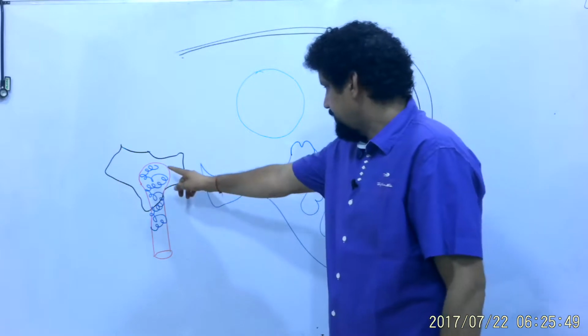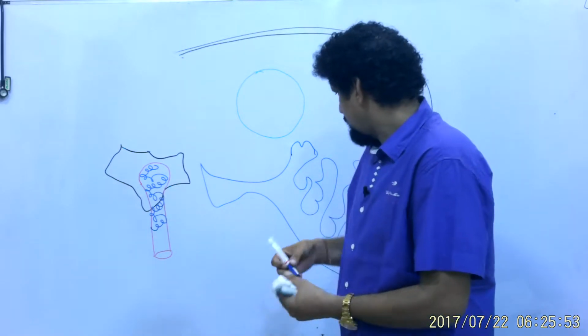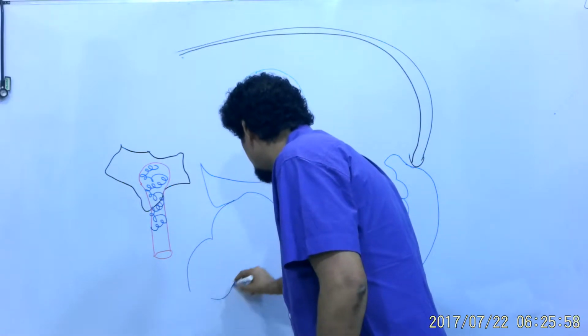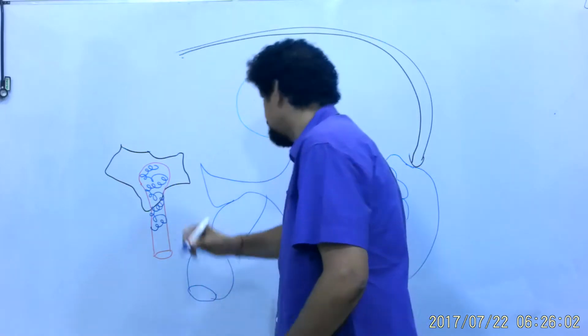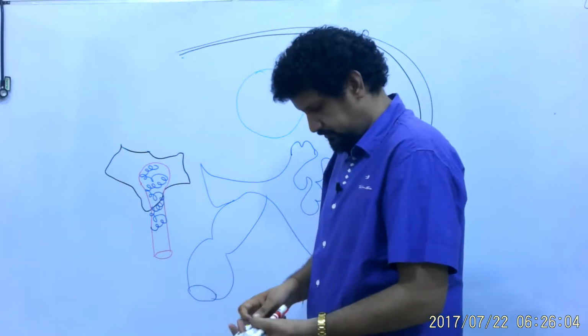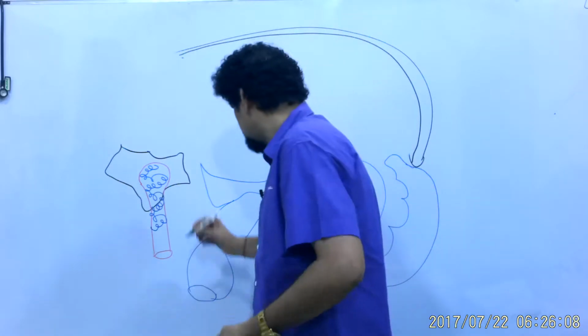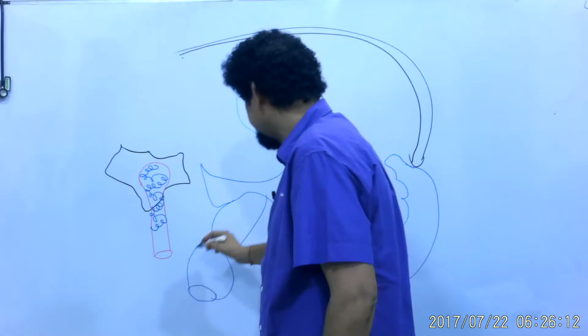So, this is the internal carotid artery. And this is the internal jugular vein. This is the jugular vein.